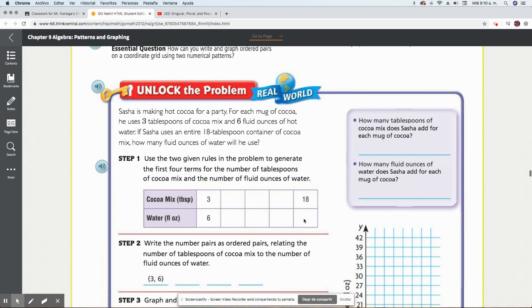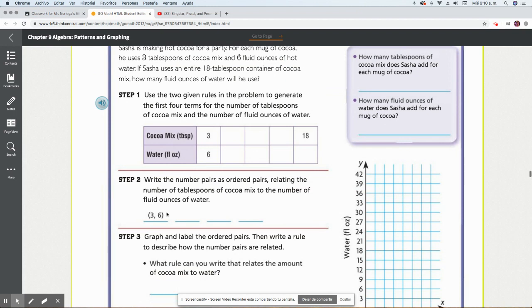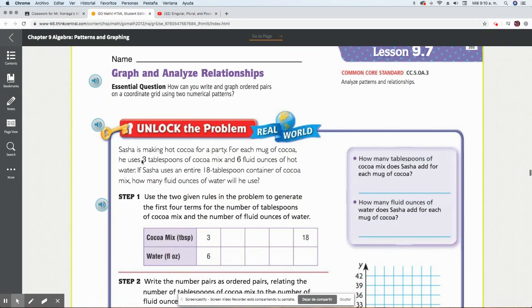But this time we are also going to combine ordered pairs, which is to make a pair of numbers using the numbers from the table. And we are also going to use the ordered pairs to plot points and create a line graph. So this lesson will be a mixture of what we have been learning in chapter 9 in our math book. Okay, so let's go ahead and get started by reading the problem.